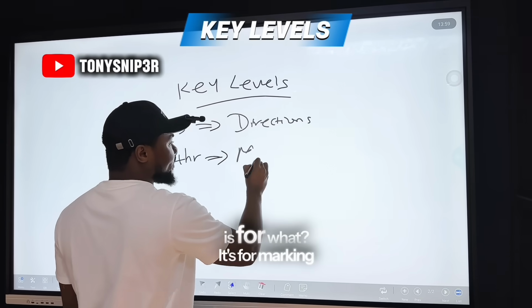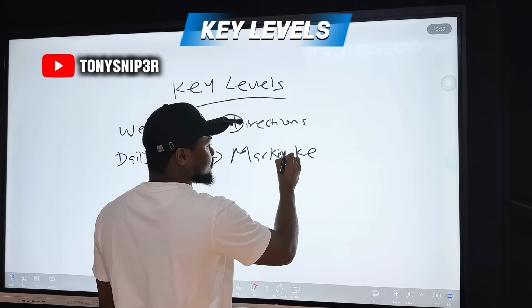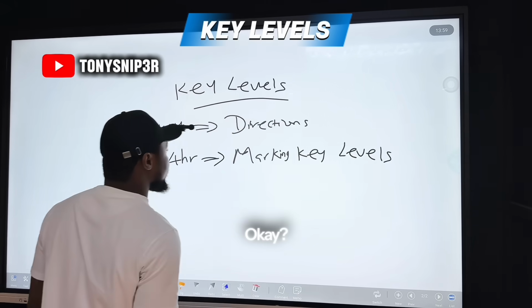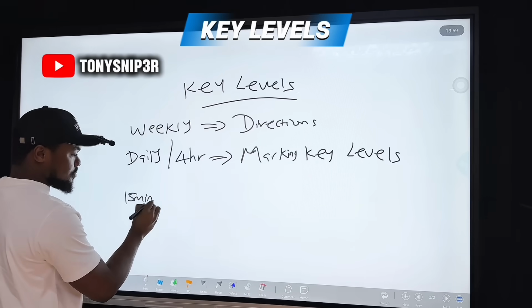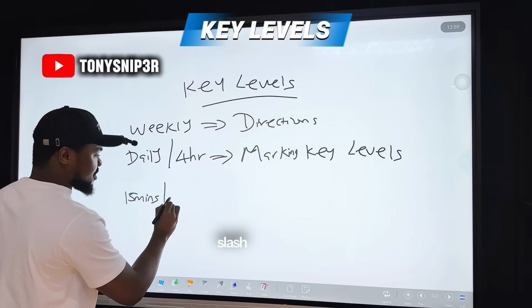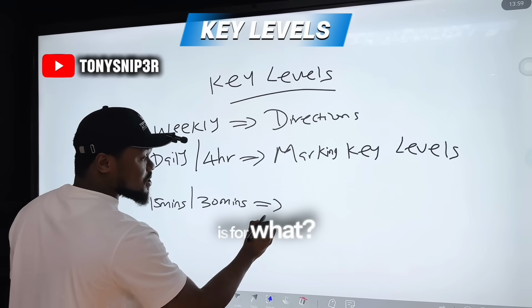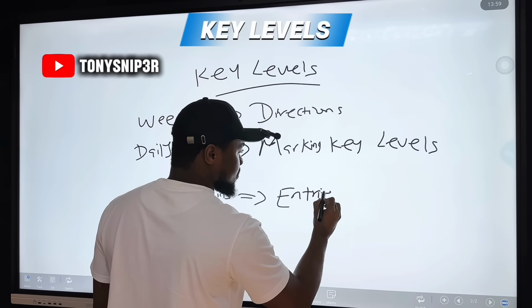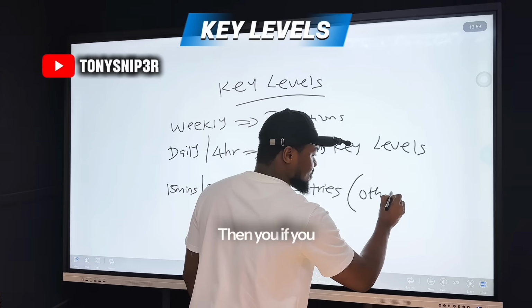Is for marking key levels. Then your 15 minutes / 30 minutes is for what? Entries. For what? For other assets.